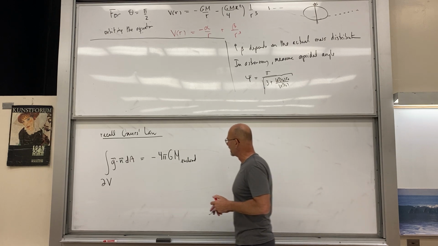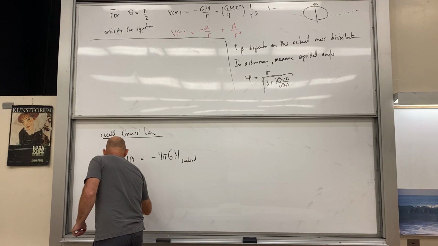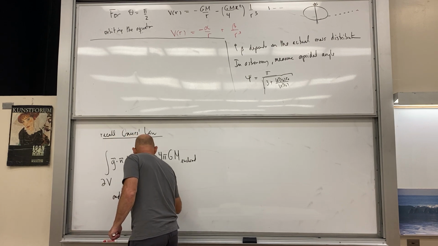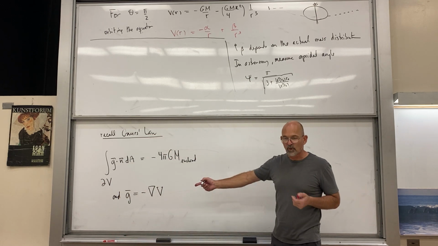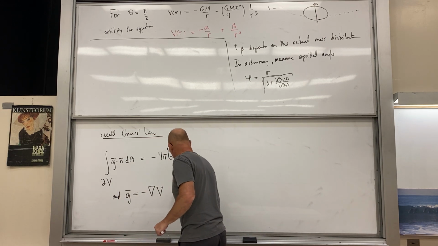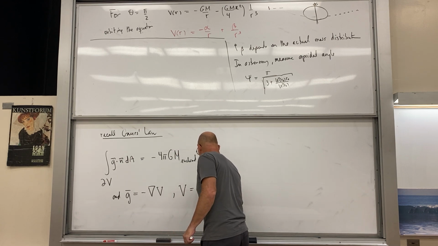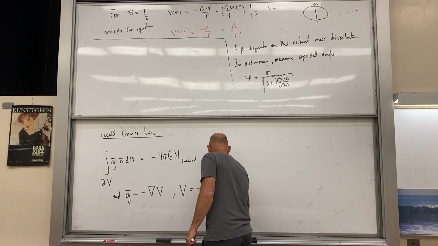And what else do we have? We have G is equal to negative gradient of V, right? We've just been working with the potential here. V is equal to minus G integral dm prime over the magnitude of r minus r prime.